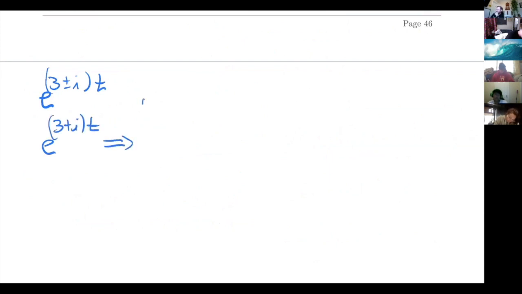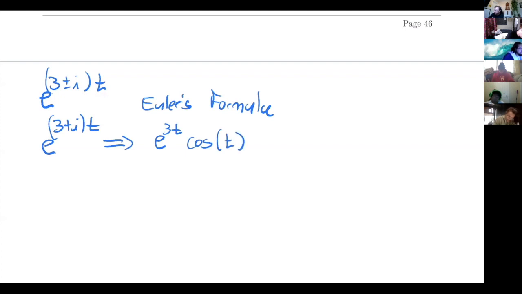And using Euler's formula, we've got that this would be e to the 3t times the cosine of t plus i sine of t, right?